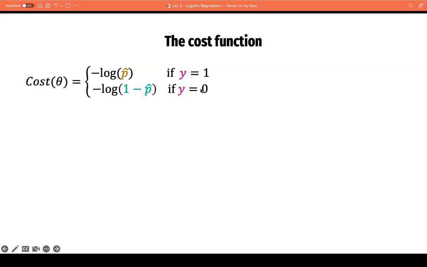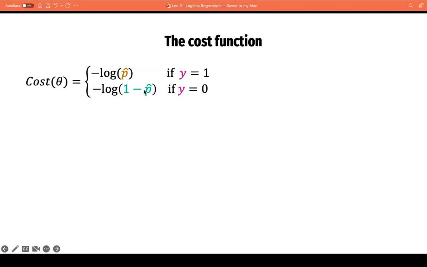But if the true label is 0, then the cost function is negative log of 1 minus P hat. And it makes sense because the sum of these probabilities P and 1 minus P will be equal to 1. So if P is the probability that y is equal to 1, then it makes sense that if it is not 1, then it is 1 minus P.